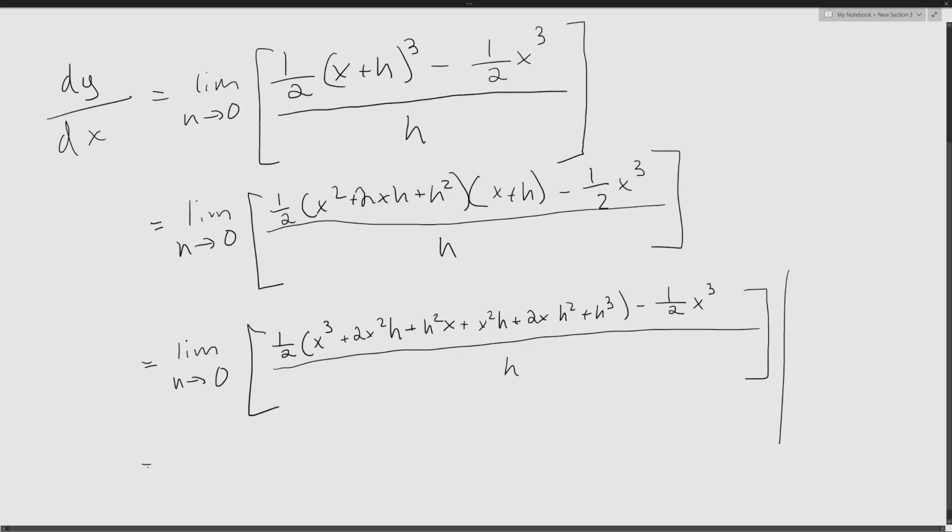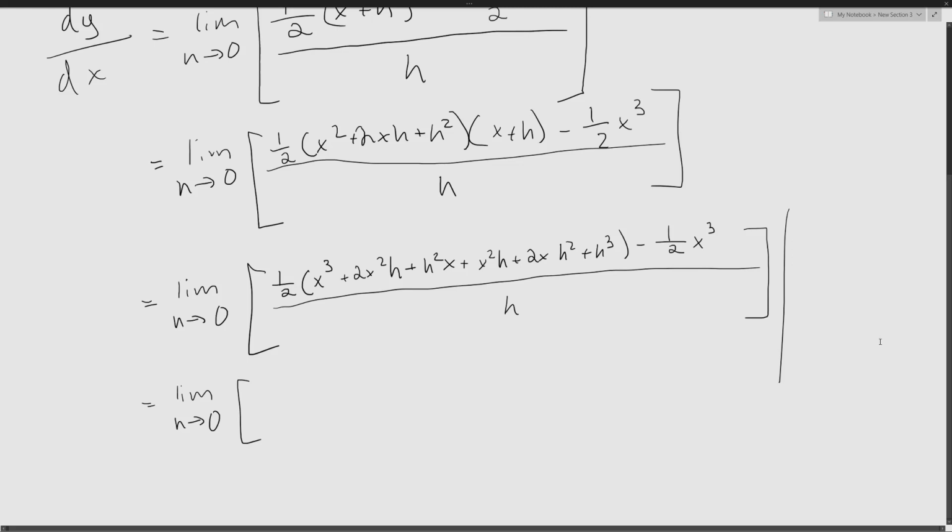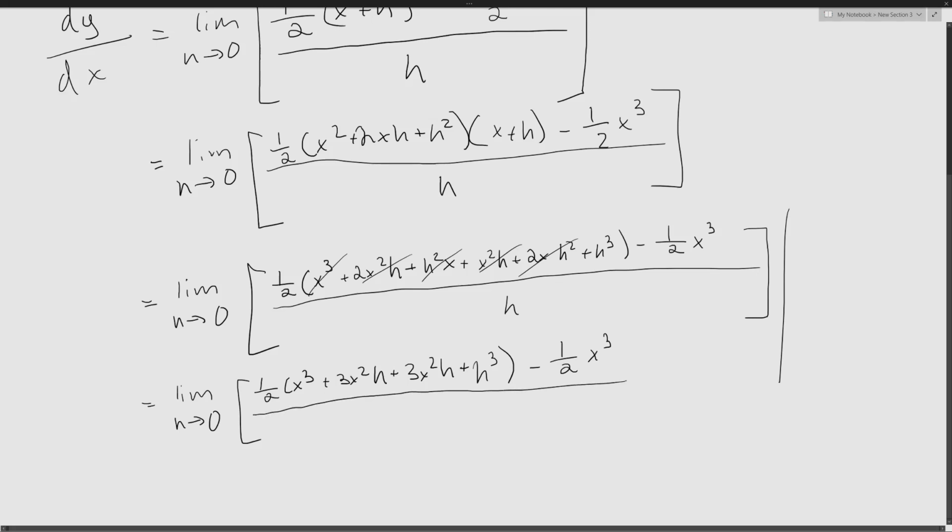Continuing forward with this, we get the limit as h approaches 0 of our beautiful expression here, and that is 1 over 2 times x cubed plus 3x squared h plus 3x h squared plus h cubed, minus 1/2 x to the power 3, all divided by h.